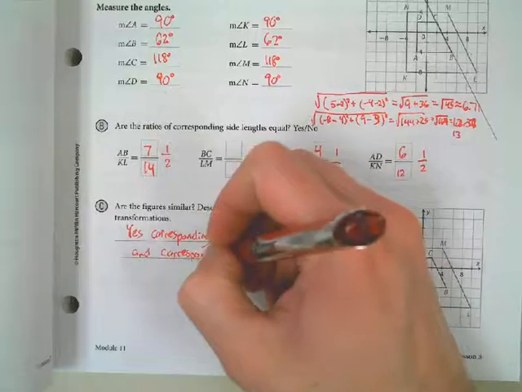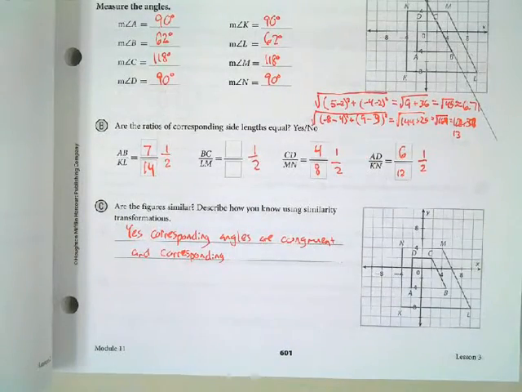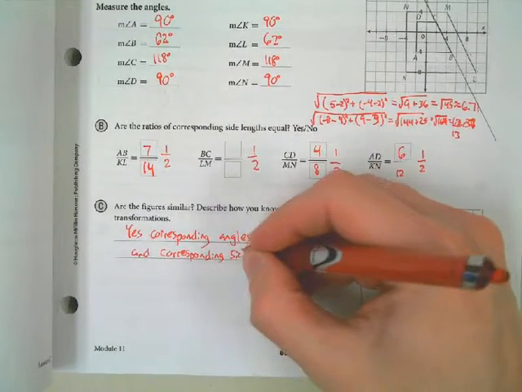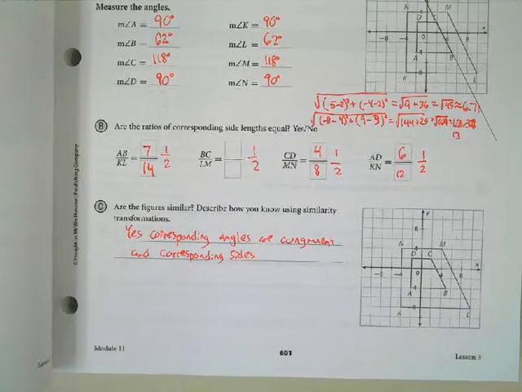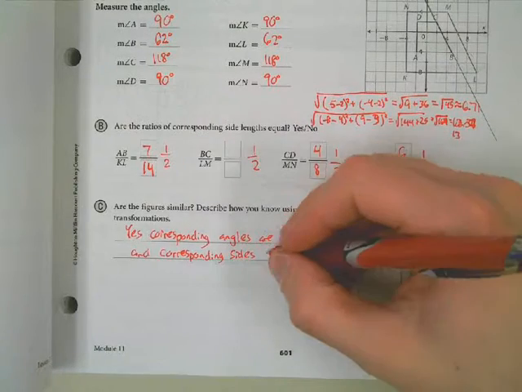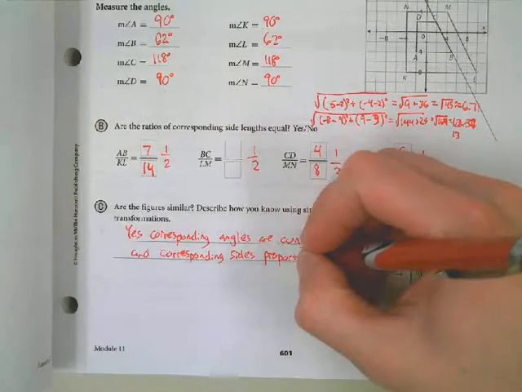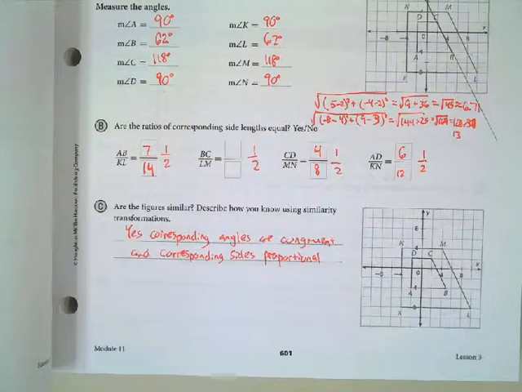What's the key thing we want to look for? Corresponding angles are congruent, and the corresponding sides, we want them to be proportional. In the same proportion. Okay, in this case, the ratio is 1 to 2, 1/2.